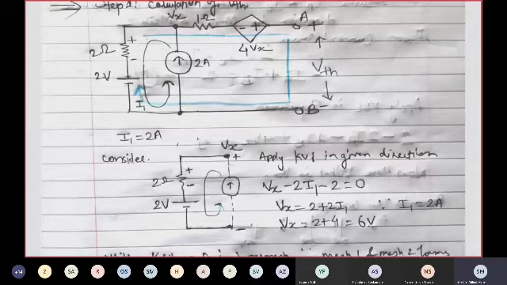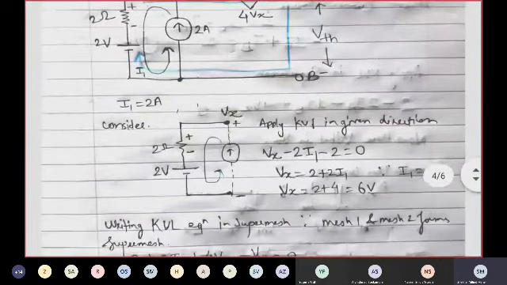So for that we should know the current flowing through 2 ohm. Now for understanding purposes, this 2 ampere can flow in this particular direction only, and in that mesh 1 only. You can see in that green arrow, 2 ampere is flowing in mesh 1 only, because in mesh 2 there is an open circuit.